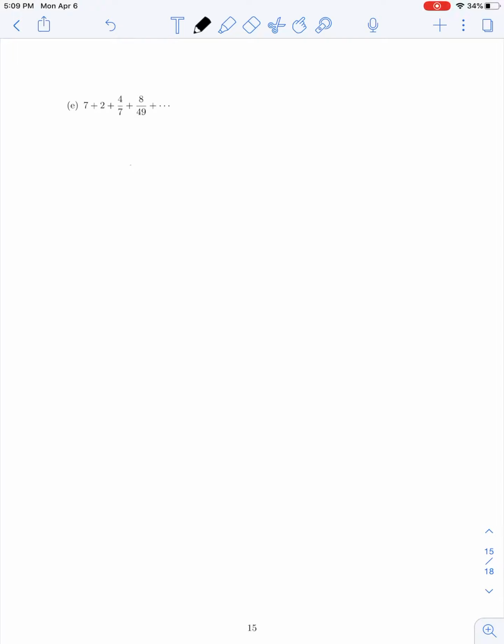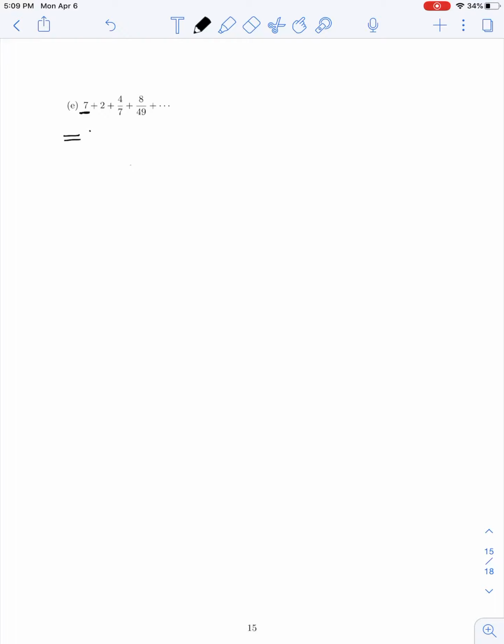For this example, let's think about factoring out this lead constant of 7. We know that for a geometric series, the first term is usually what we're calling the constant a.